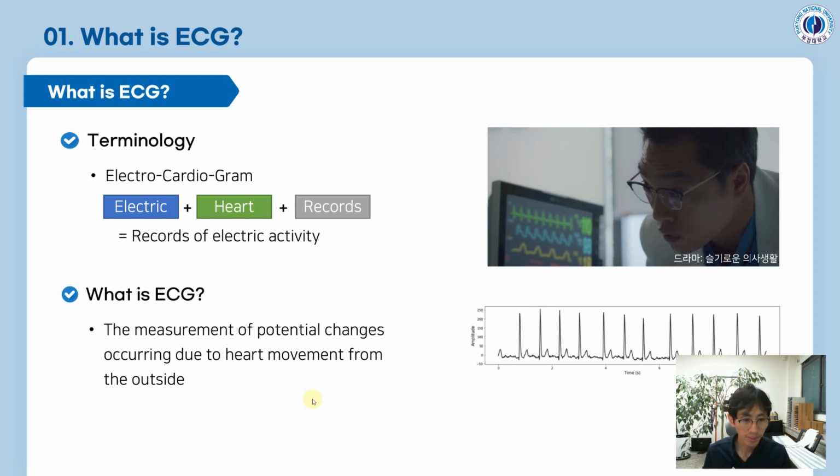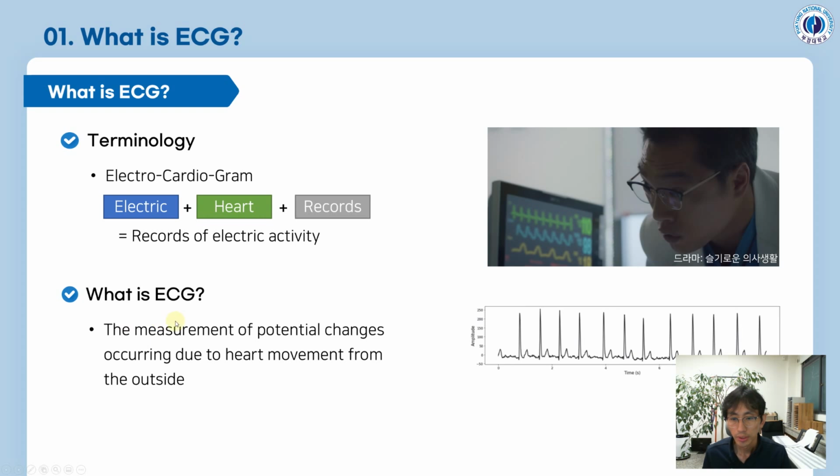This kind of signal is continuously moving, and this denotes that this person is alive. When the patient dies, this signal stops moving. Then we say that this person has passed away.